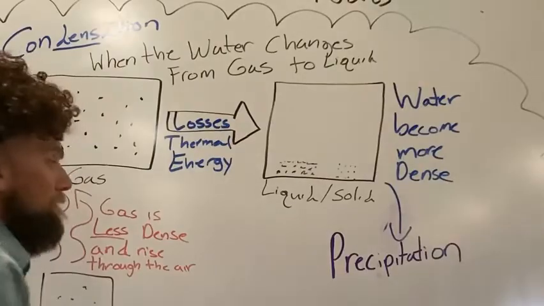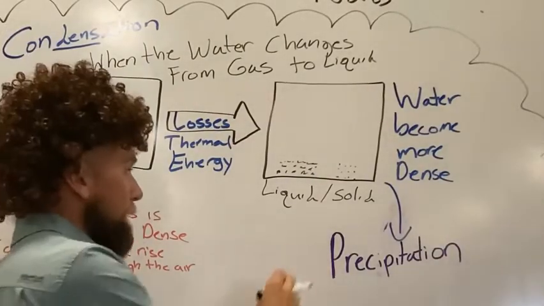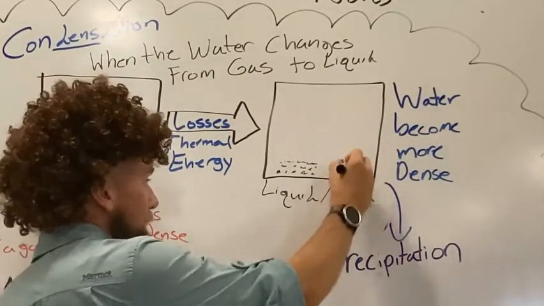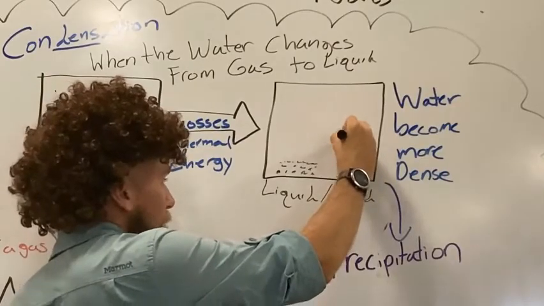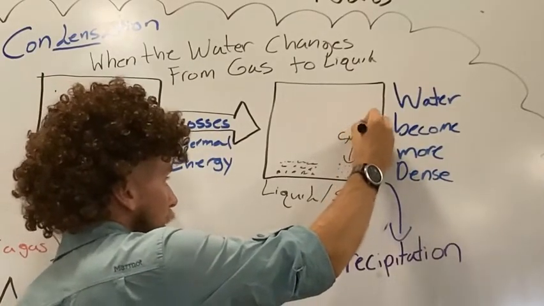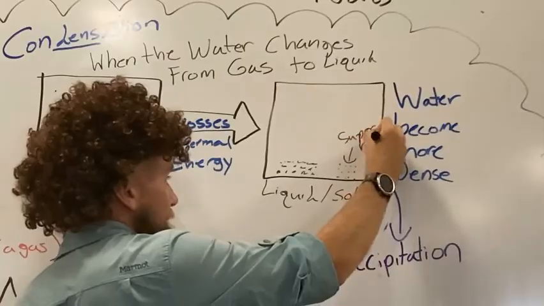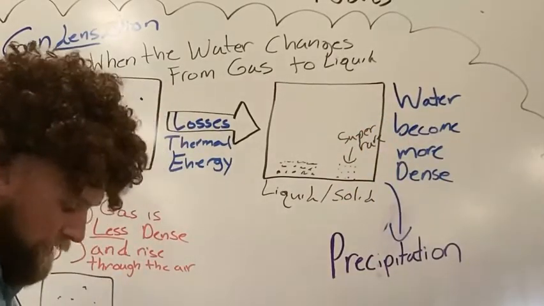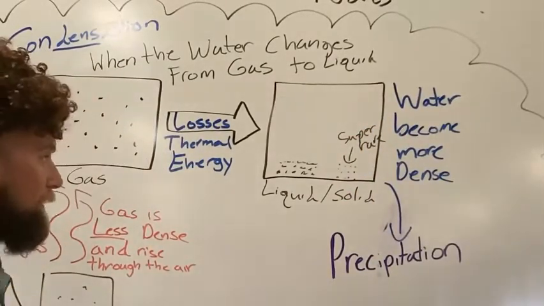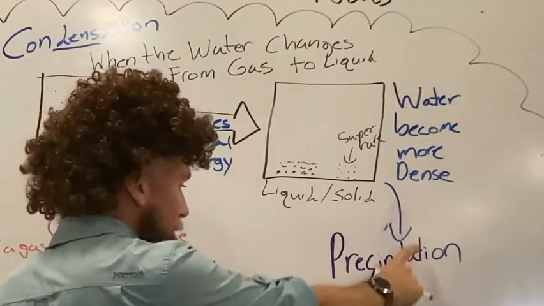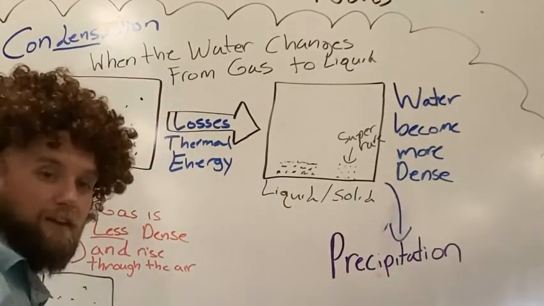And in some cases it may be a solid, but this is going to be a very, very rare case. So I'm even just going to make a mark and put down super rare. All right, make sure you've got those pieces in, and then we'll follow our water as it becomes more dense back down to precipitation.